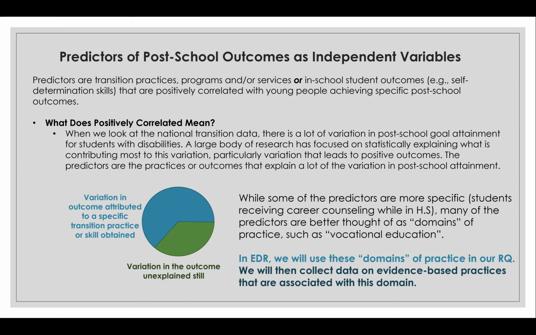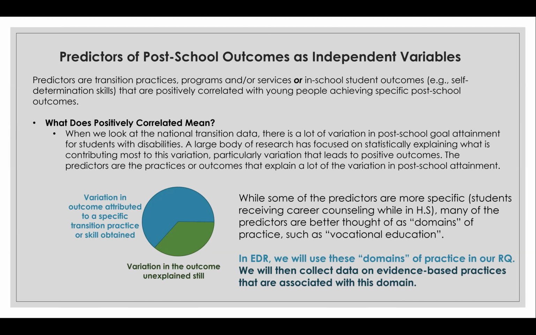So just super briefly, what does correlated mean? Well, when we look at the national data on transition, not surprisingly, I don't have to tell you this, you see it in your own work, there's a lot of variation in post-school attainment for students that we work with.